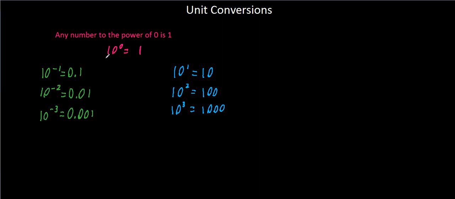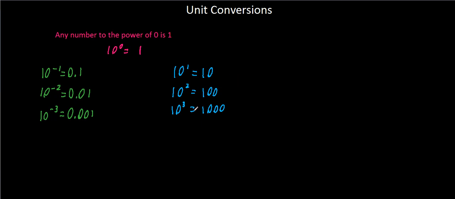So a certain way to look at it is that 10 to the 0 is the standard, it's 1, and each time we change it, if we move up to 10 to the 1 or 10 to the 2, it just moves that decimal that direction. If we do negative 1, then we move the decimal to the left instead of the right, but it moves the same amount depending on what our exponent is.